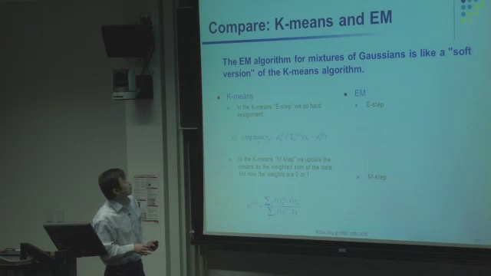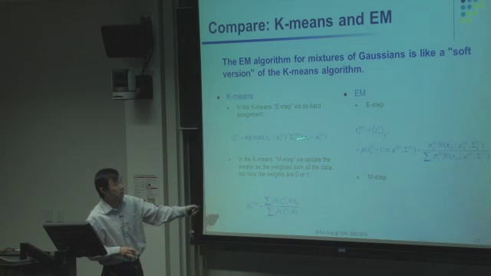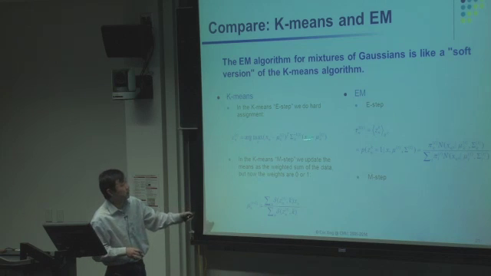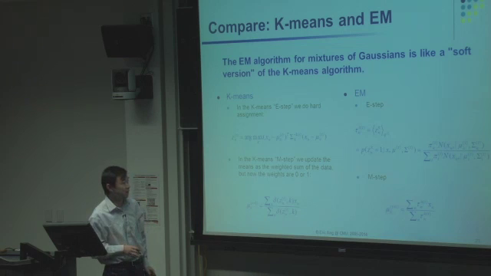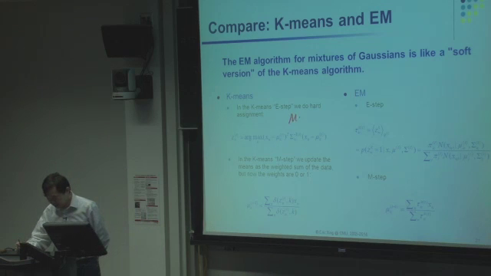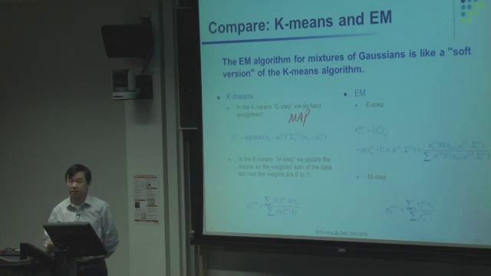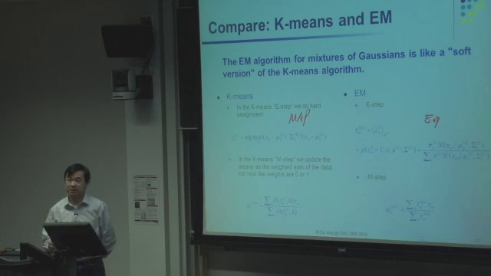So that is the whole story. Before I move on, I want you to remember this side-by-side contrast between k-means and EM. They are the same thing, except that my definition of the z assignment here is a MAP assignment, and here it is an expectation assignment.